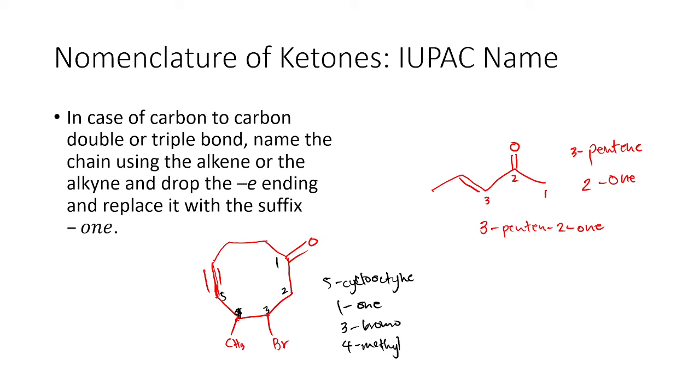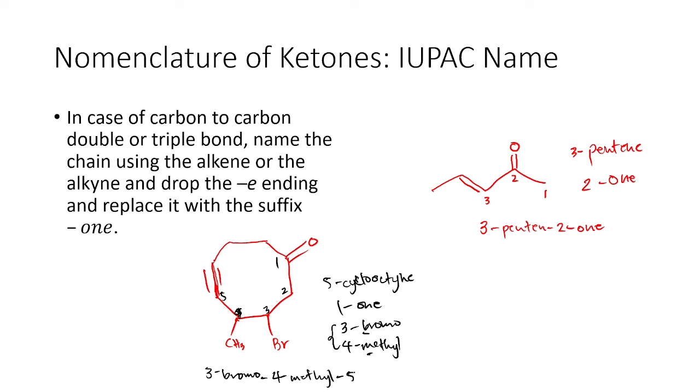So, ganun pa rin. Para dun sa mga substituents natin, since ang substituents natin ay itong dalawa lang, yung bromo at methyl, and since we will be using alphabetical order, mauuna yung B bago yung M. So, we will have here 3-bromo for the bromine, dash 4-methyl.